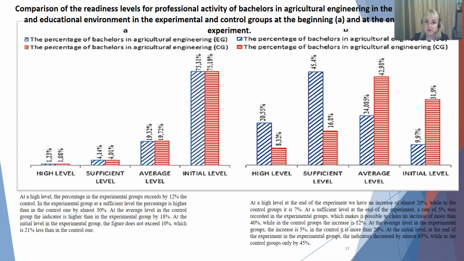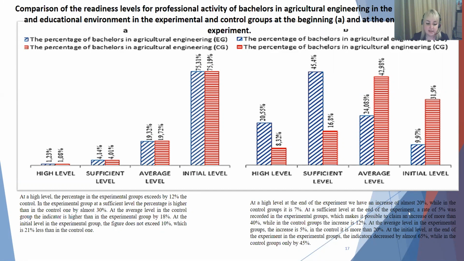The comparison of readiness level for professional activity of bachelors in agricultural engineering in the experimental and control groups at the beginning and at the end of the experiment is presented.